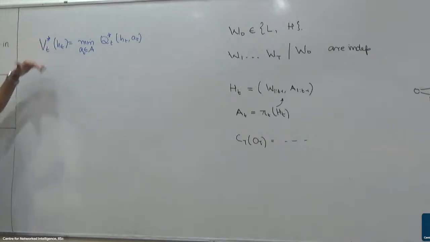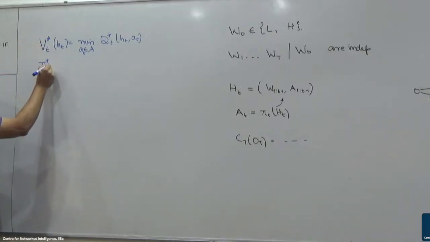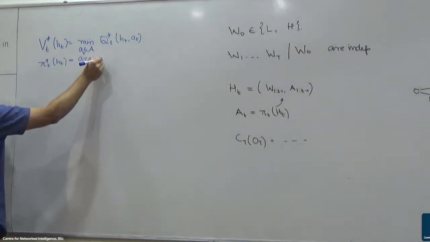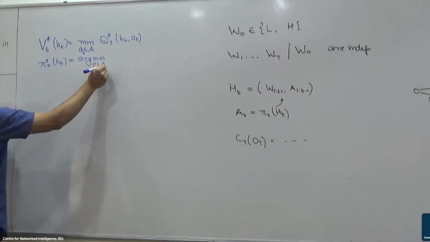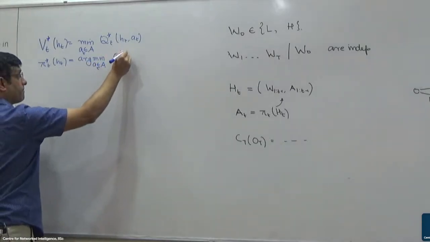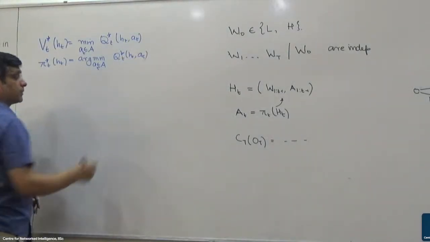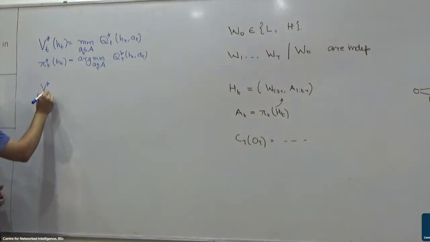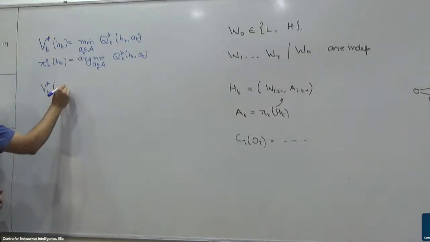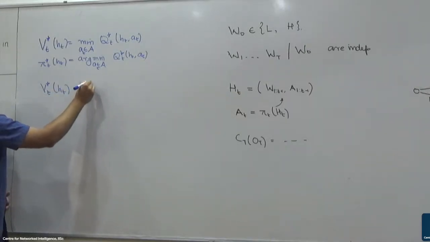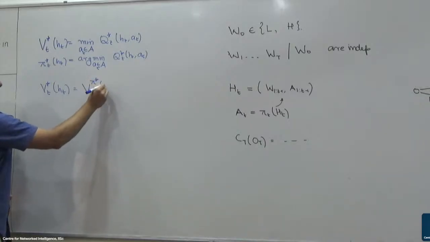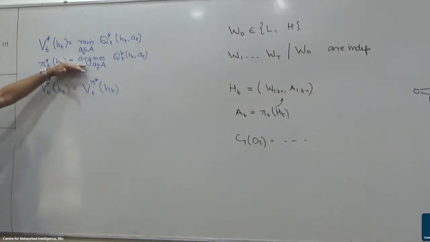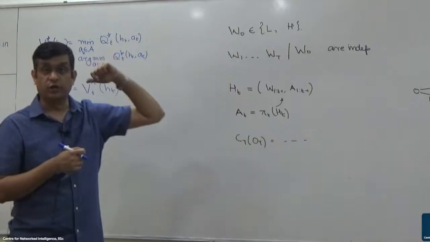Now, I'll say π*_t of h_t is the argmin of this object. In particular, this means that V*_t of h_t is going to be equal to V^{π*}_t at h_t. I can show that recursively going backwards in time, because when my policy is equal to the minimizer here, these two recursions are the same.